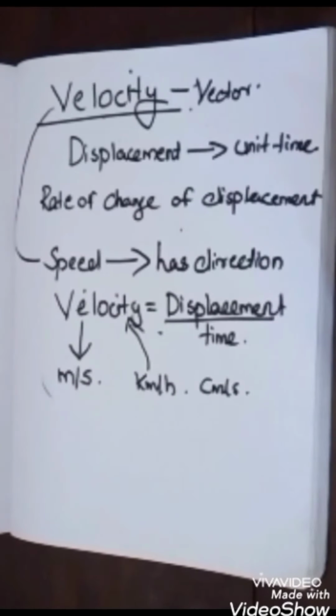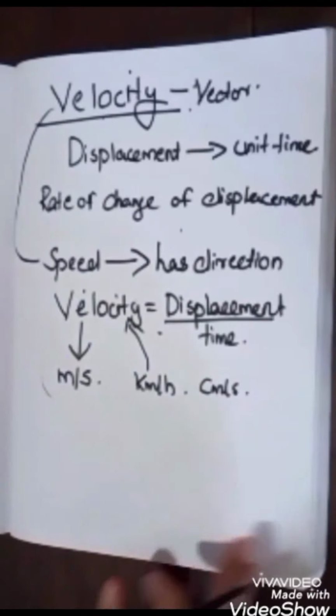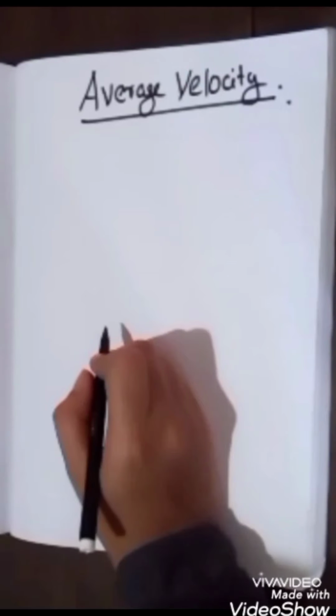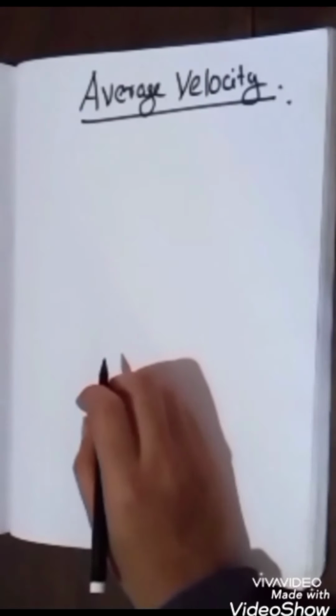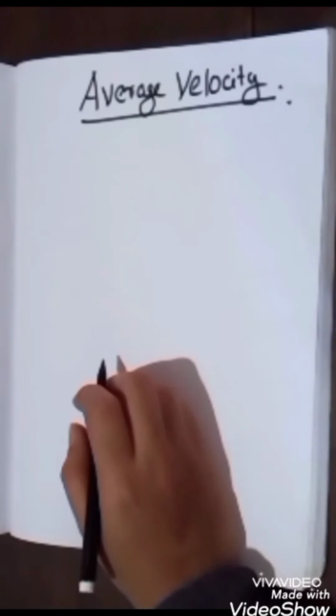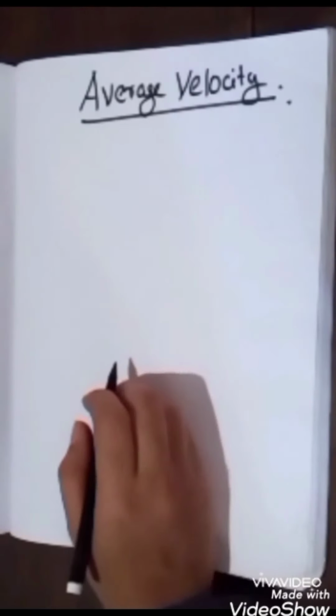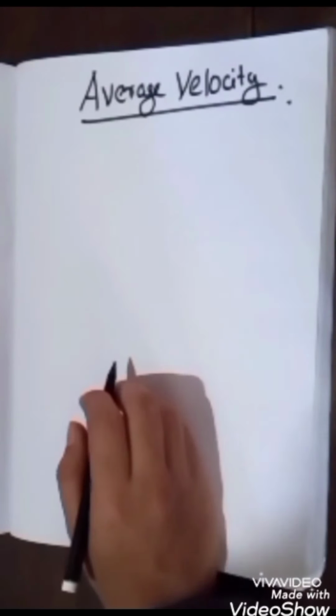Okay, then we move on to the next topic, that is average velocity. We already studied average speed. Average speed is the ratio of total distance travelled to total time. That is, average speed is equal to total distance by total time.